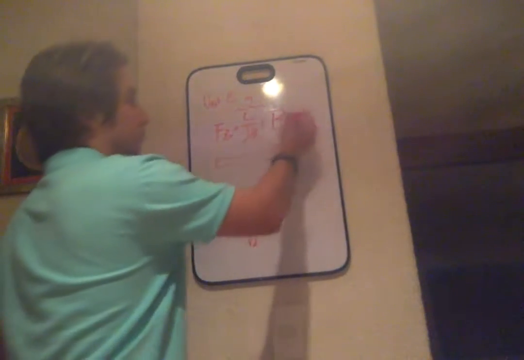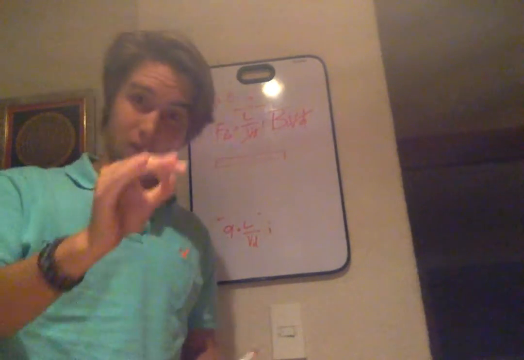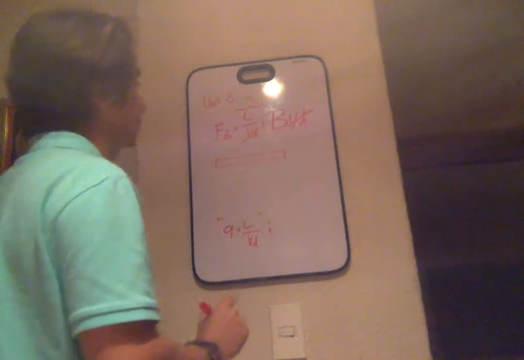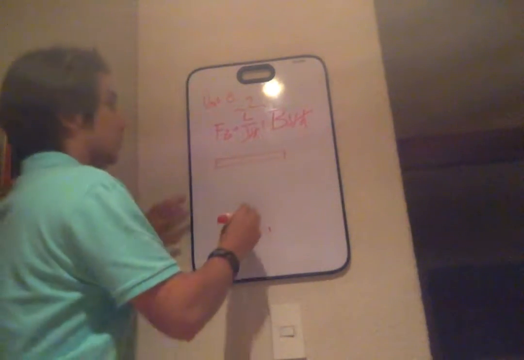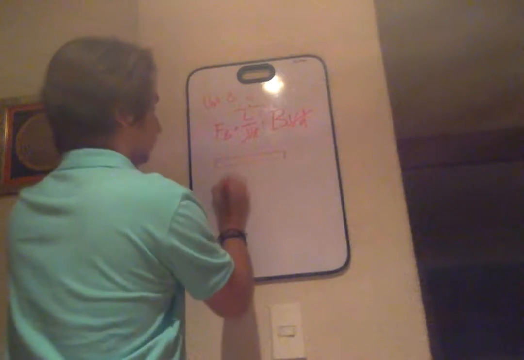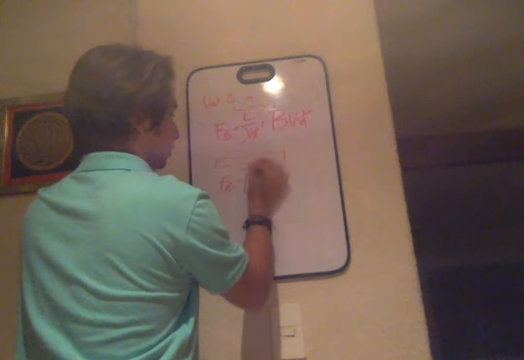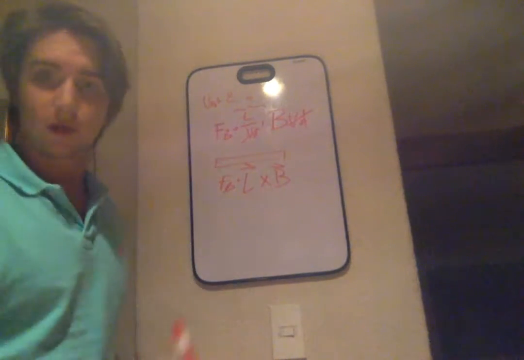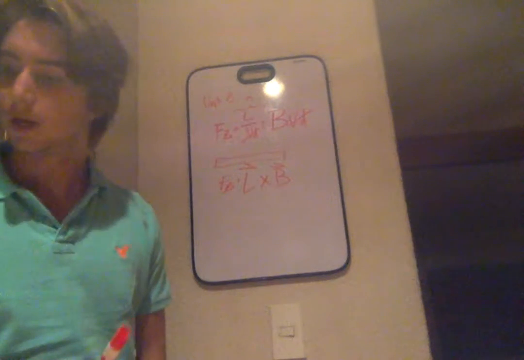And we can cancel the drift velocity. Drift velocity is just the velocity of the particles at a certain time. And we can now express the force in a length as that. So that's an important equation when we're solving problems with wires.